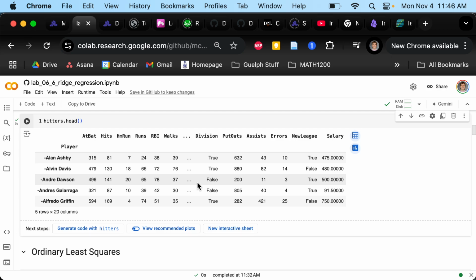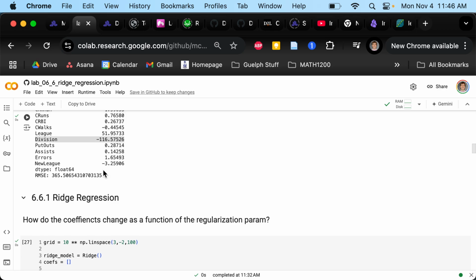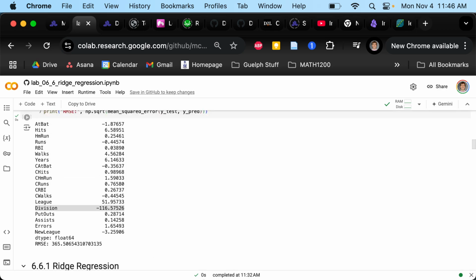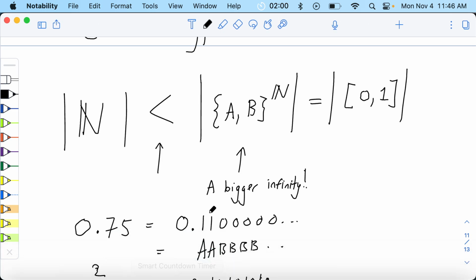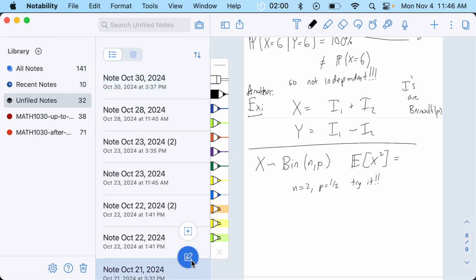This one's in the hundreds, this one's in the ones, this one's in the tens. They're all on different scales. And we can either keep track of all of that if we want to, or we can make them all kind of the same size. And then we'll just look at the numbers, and whichever number is bigger really is bigger, right? You see, this is a big advantage. So this is the idea over here. You got to make sure that the things are on the same scale.